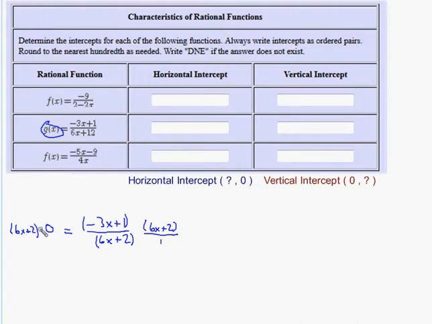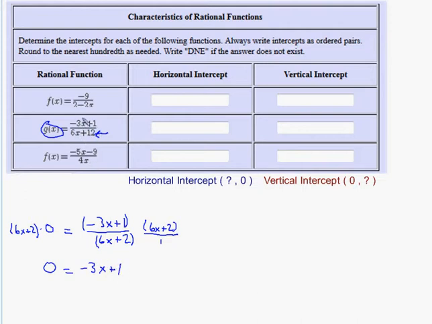But the nice thing about this problem is 0 times anything is 0. So it did not matter what my denominator was, because when you multiply it over, 0 times anything is 0, you always get 0 here, leaving you with an equation that basically states that the output will be 0 as long as your numerator is 0.